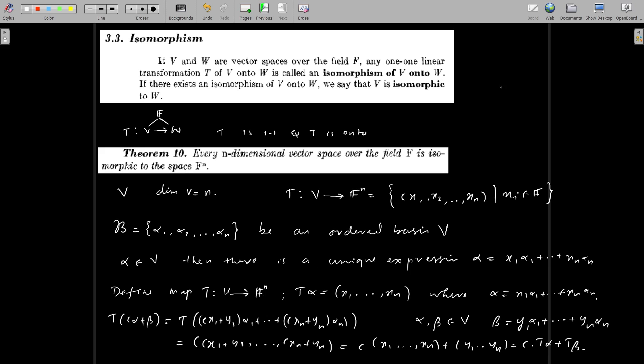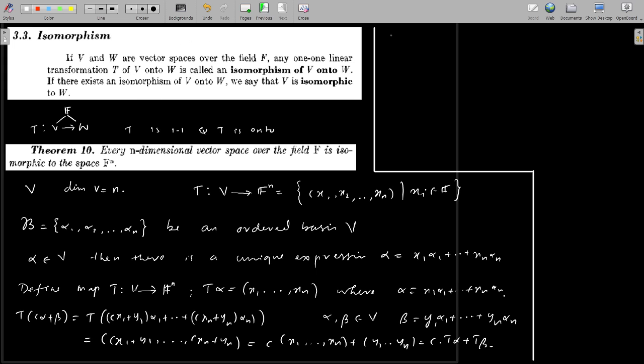Now we will prove that this T is 1-1 and T is onto. To prove T is 1-1, we start with T alpha equal to 0. T alpha equal to 0 means T of (x1 alpha 1 plus etc. plus xn alpha n) equal to 0, where alpha is equal to x1 alpha 1 plus etc. plus xn alpha n.